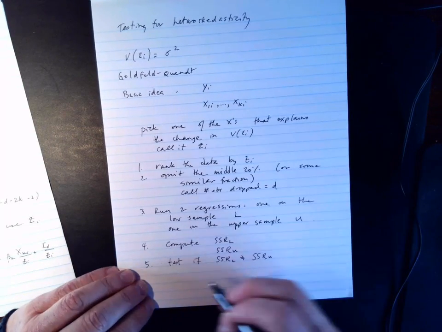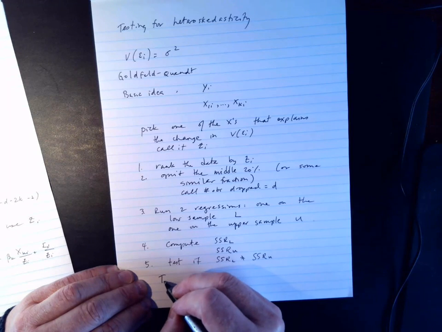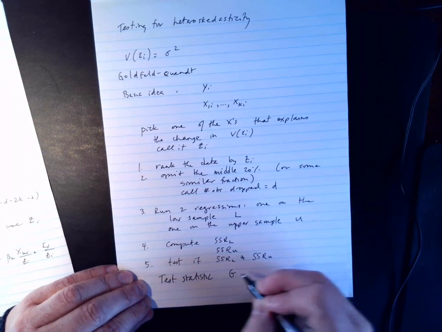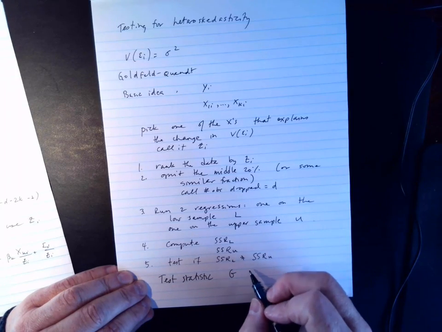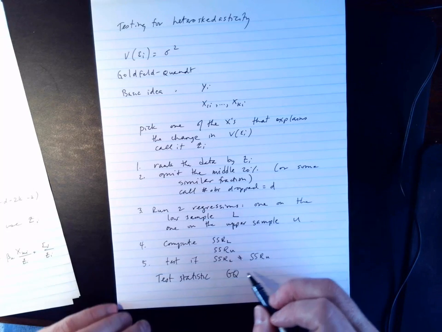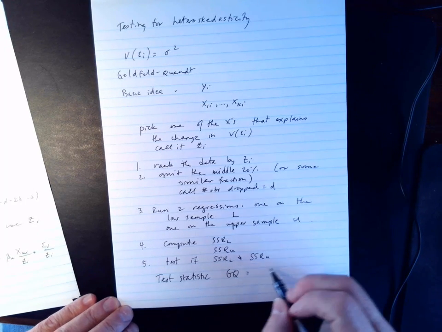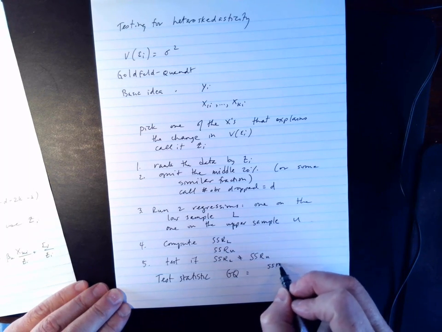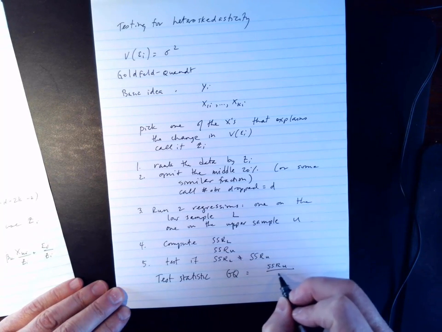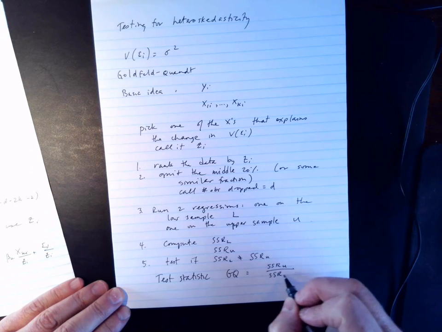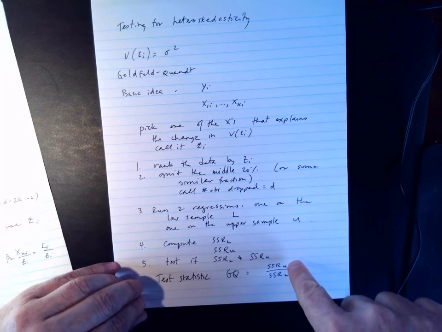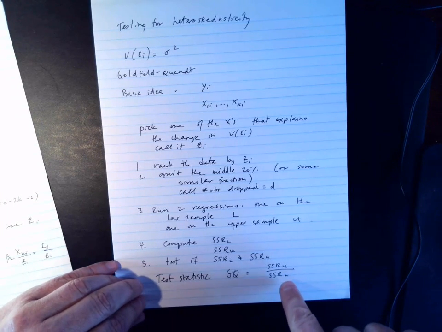And so our test statistic, we'll call it GQ, so we get Mr. Quant in as well. It's the Goldfeld Quant statistic. It is the sum of the squared residuals for the upper sample divided by the sum of the squared residuals for the lower sample, as long as the top number is larger than the bottom number.